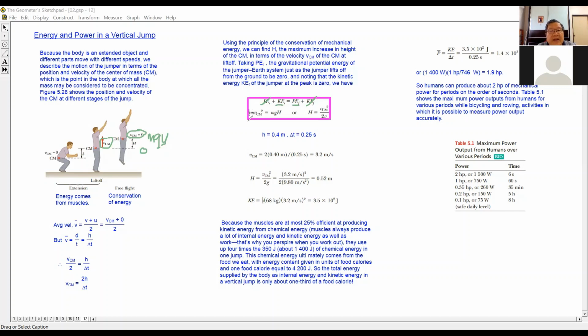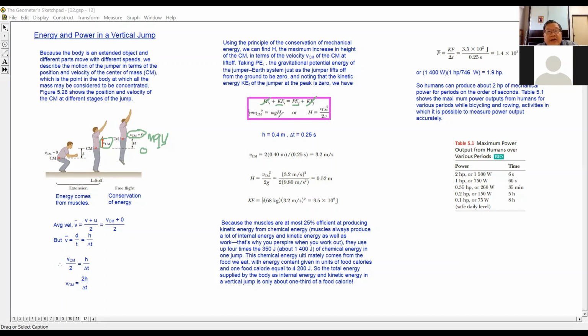The initial kinetic energy is half mv squared, where v is VCM. Then the potential energy is mgy, and the y is h.